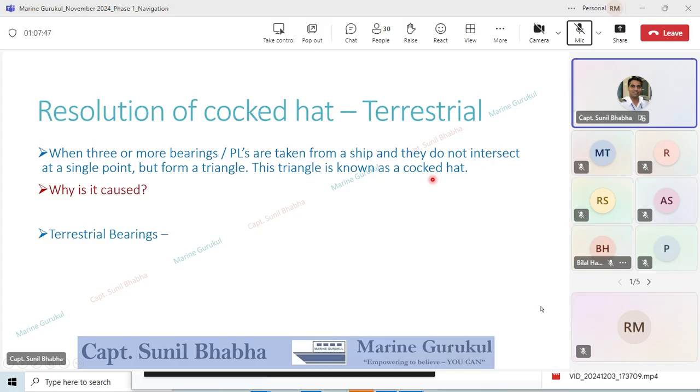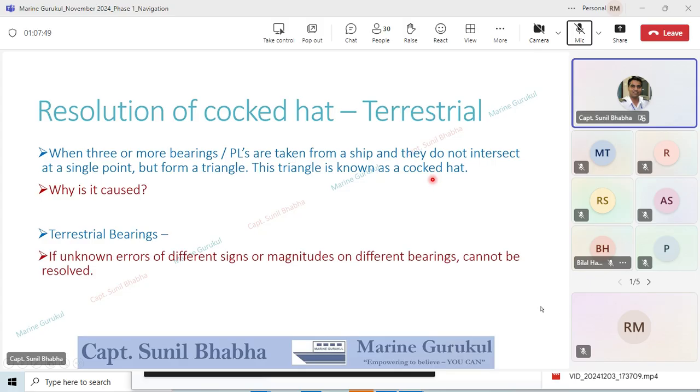Let us first see how do we resolve a terrestrial cogged hat. Now the very important and the foremost thing which should be clear in our mind is that if unknown errors of different signs or magnitudes are present on the different bearings, it cannot be resolved.